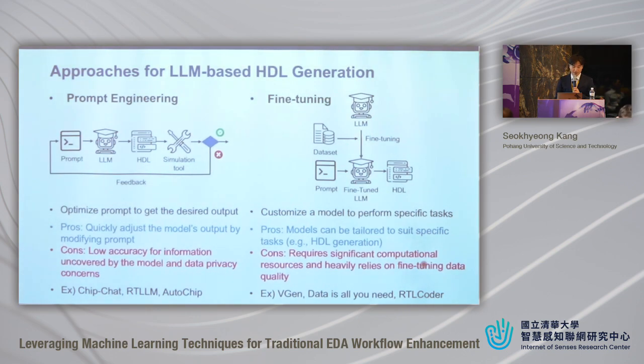In prompt engineering, we optimize the prompt to get the desired output. So it can quickly adjust the model's output by modifying the prompt. However, it shows low accuracy. But with fine-tuning, we can modify the models, and the modified models can be tailored to suit a specific task, for example HDL generation.